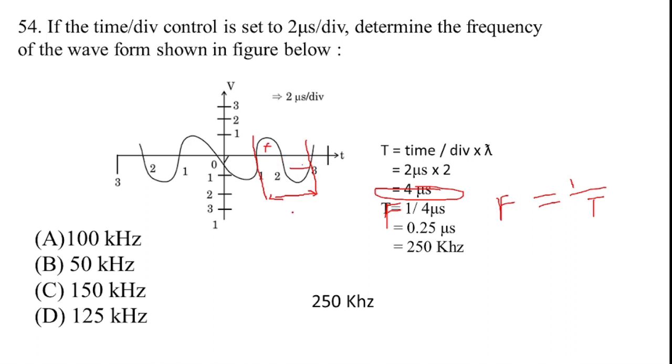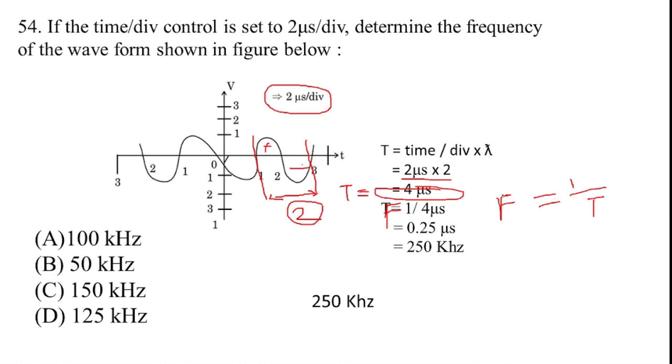The wavelength is 2 divisions, and the time per division is set to 2 microsecond. Calculating these values, the time is equal to 4 microsecond.